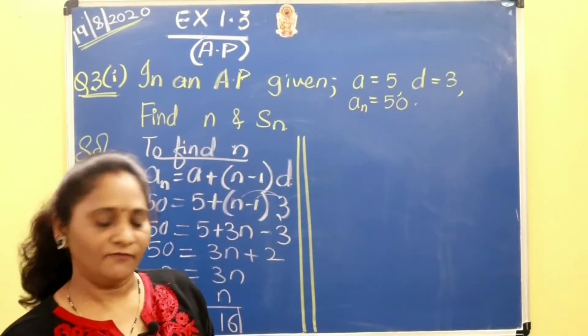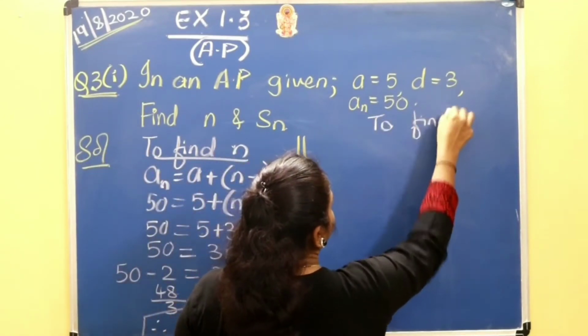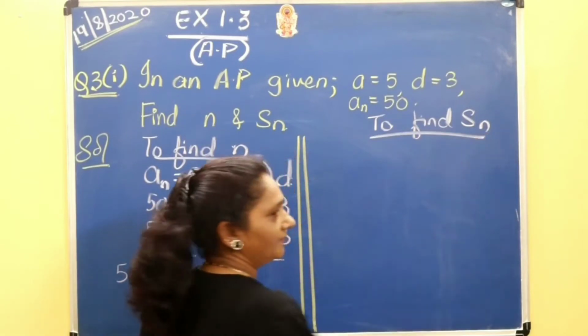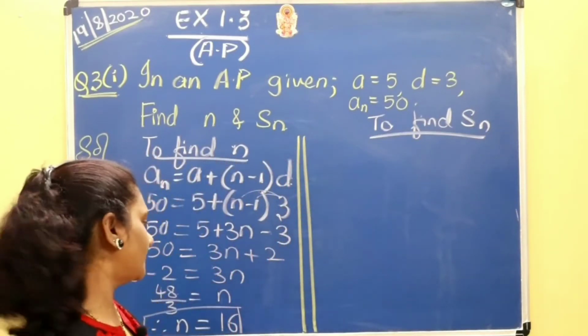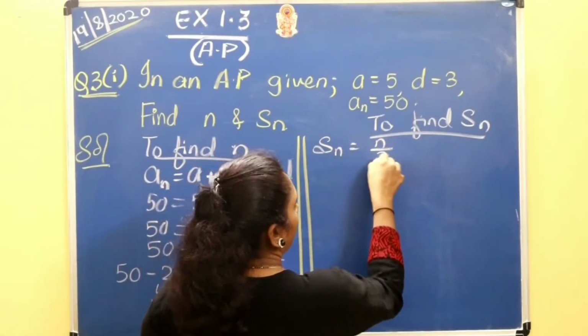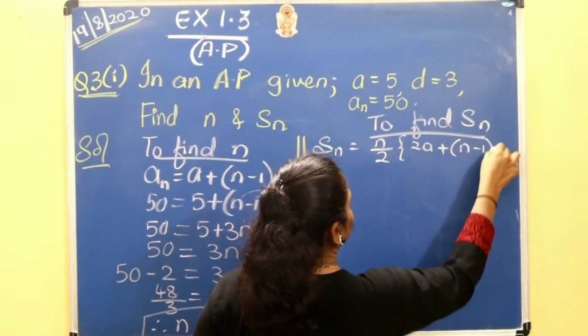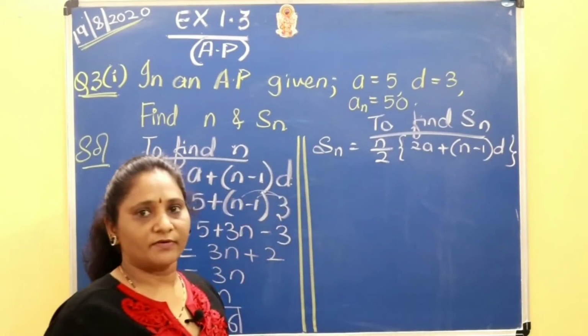Once you get n, find out Sn. So here we have to find S16 because our n is 16. We know the formula: Sn is equal to n by 2 into 2a plus n minus 1 into d. So this is our formula.